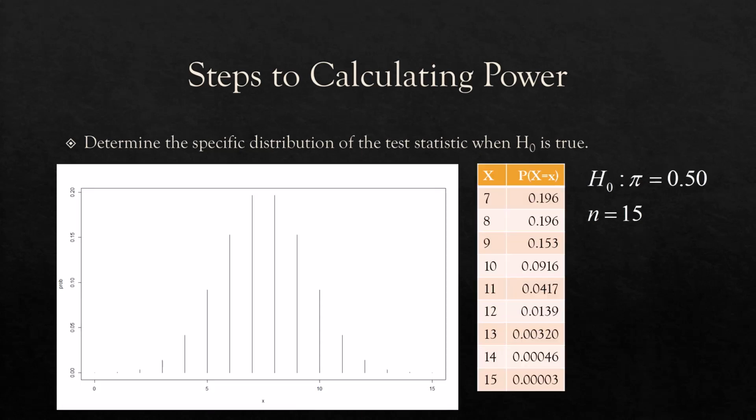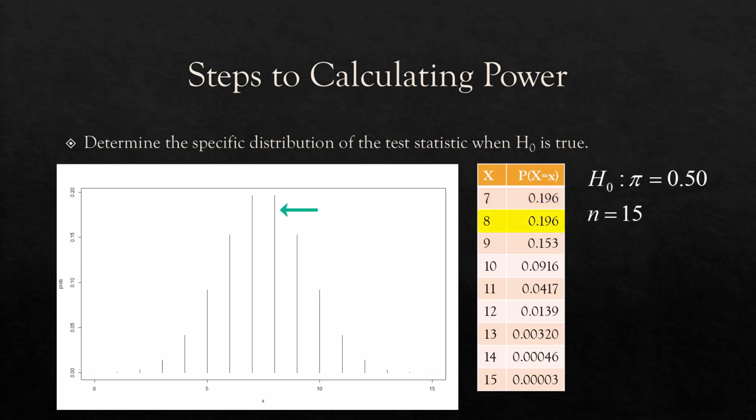Notice that x, the number of successes, ranges from 0 to 15, at least on the picture. I'm only showing you x from 7 to 15 along with the probability of each of these values of x just to save space. Note, for example, that the first probability of 0.196 is the probability that x is 7 if pi is 0.50 and we make 15 observations.